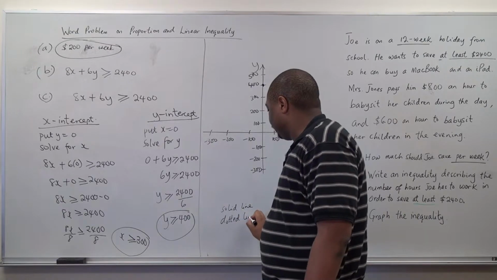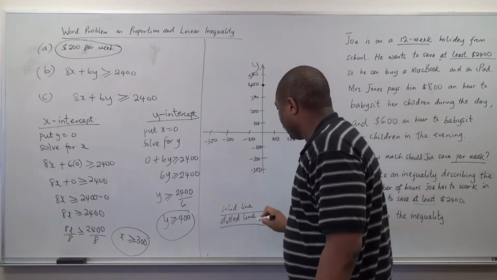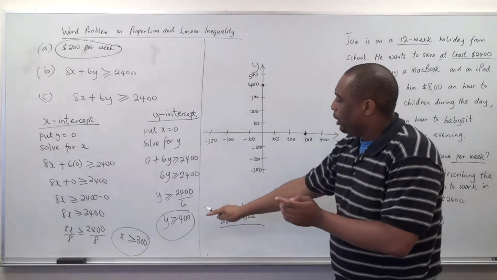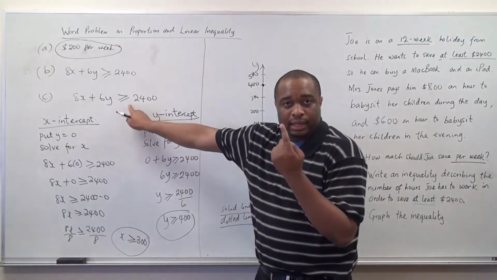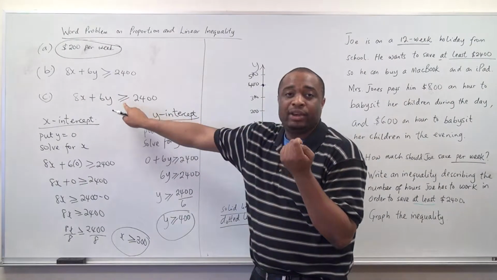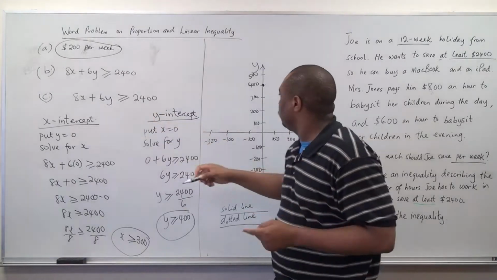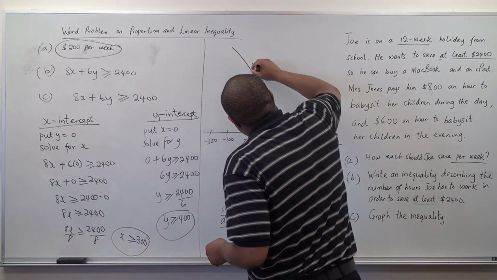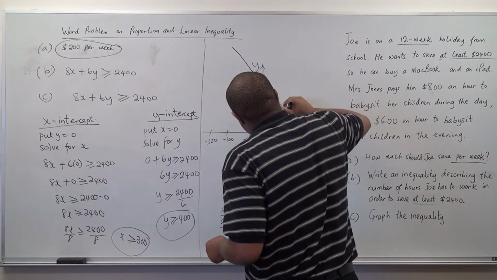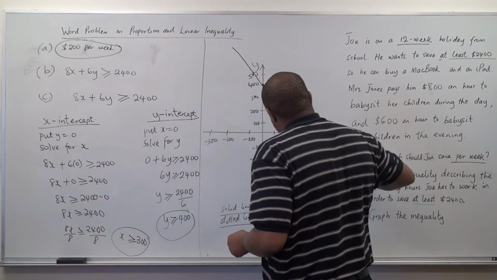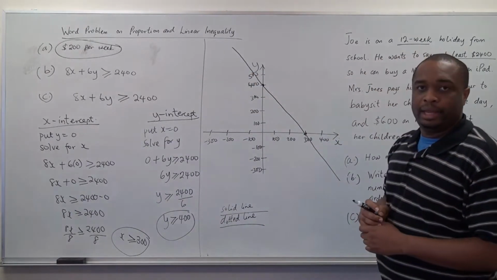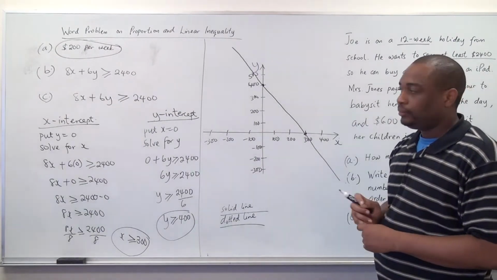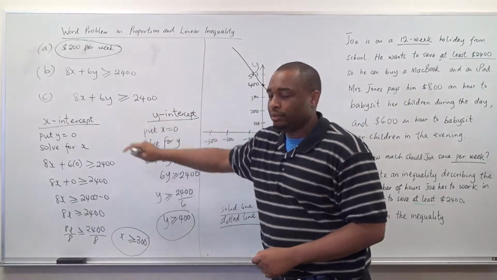Because of this inequality, greater than or equal to, I will have a solid line. And I'm using freehand here; you don't use freehand to draw a graph. I use a solid line because of the greater than or equal to.